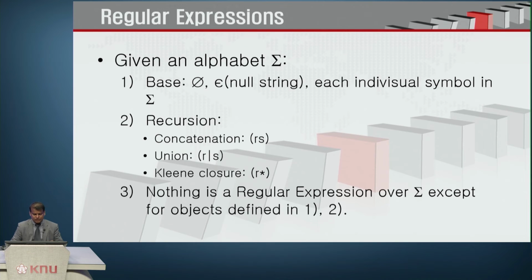These regular expressions have been introduced by Stephen Kleene, and of course it's useful for automata theory. Basically it sometimes means 0 or more. Then comes the rule that nothing is a regular expression over sigma except for objects defined by 1 and 2.